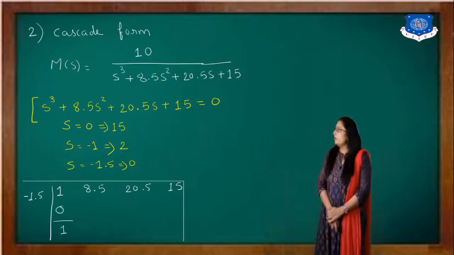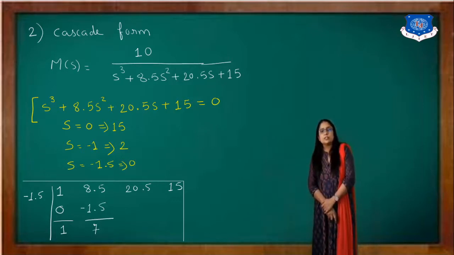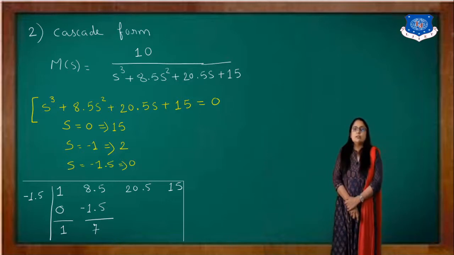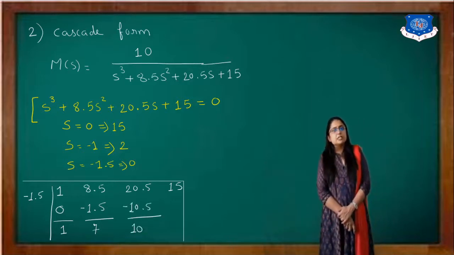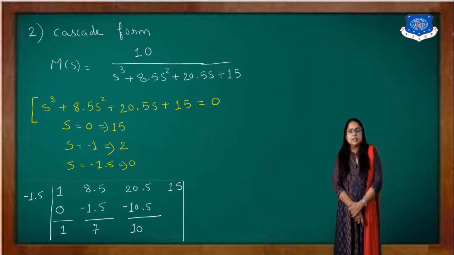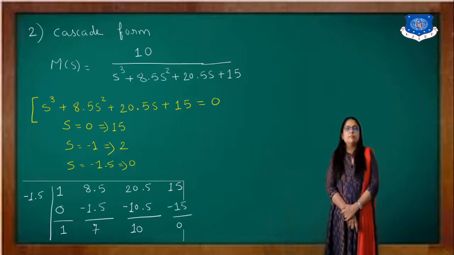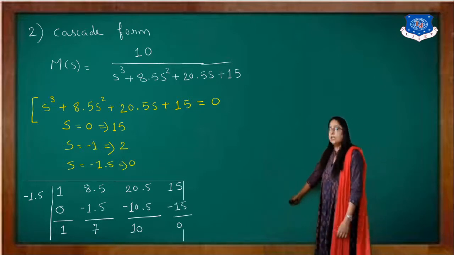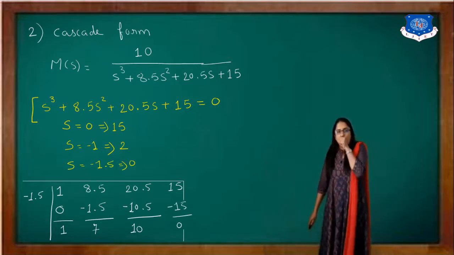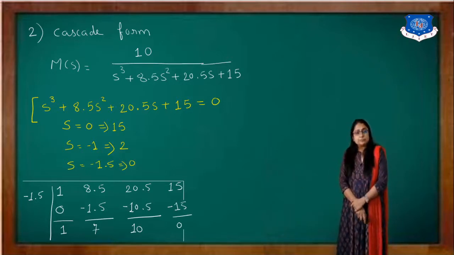Then here first 0, 1, now you multiply 1 with the minus 1.5. So it's minus 1.5, subtract this, you will get 7. Now you multiply 7 with the minus 1.5, you will get minus 10.5. The answer is 10. Now you multiply 10 with the minus 1.5, you will get minus 15. And finally you will get 0. That means whatever procedure you have done is correct.